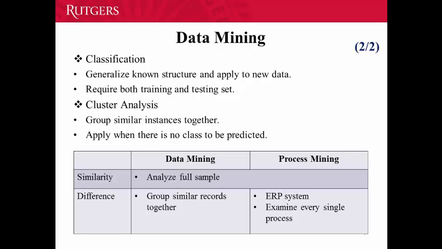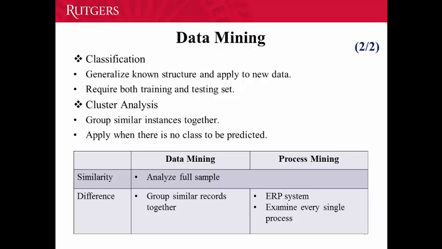And then clustering analysis is different from classification in that it does not need a training set. It just groups similar instances together, so it can be applied when there's no class to be predicted. It simply finds certain patterns in different instances and groups the similar instances into the same group.